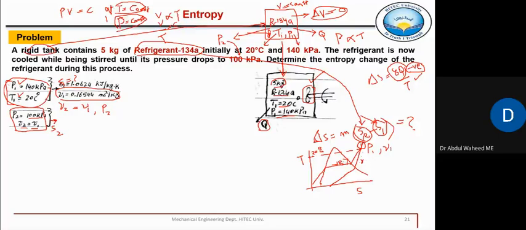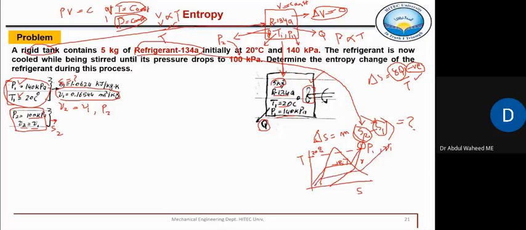So for example, this line represents a constant volume line passing through this point 1 at this pressure and this temperature. This is the constant volume line's curvature in the superheated region, and this curvature shifts like this inside the dome. That is constant volume. So now what happened here: volume remains constant and temperature drops. Pressure also drops, because a number of pressure lines are passing.